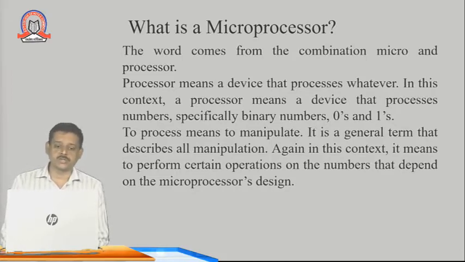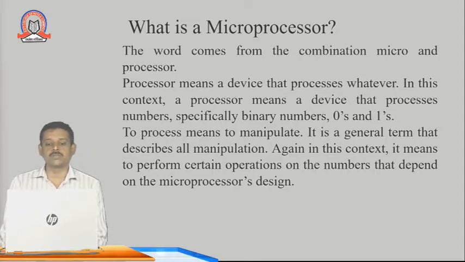Now what is a microprocessor? The word microprocessor comes from the combination of micro and processor. What is meant by processor? A processor is a device which processes whatever instruction we assign to it.